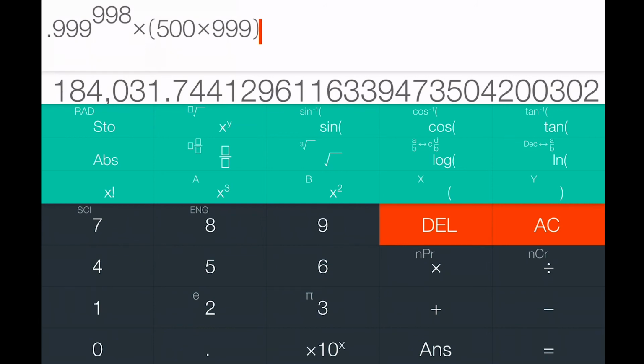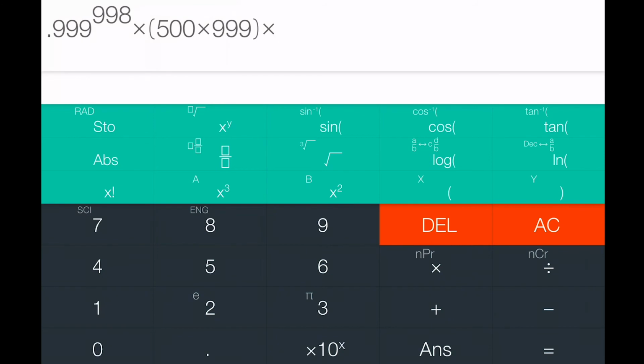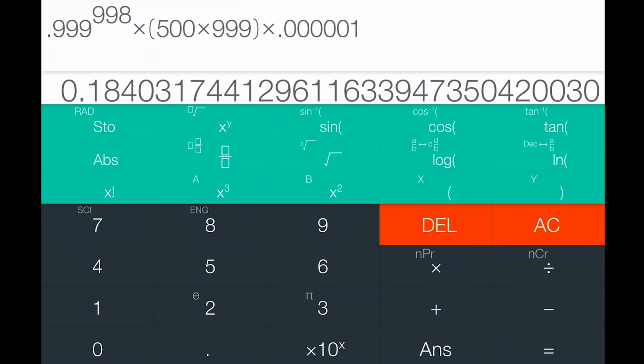So, the result will be 0.184. I have just written it down instead of doing it. So, 0.184.